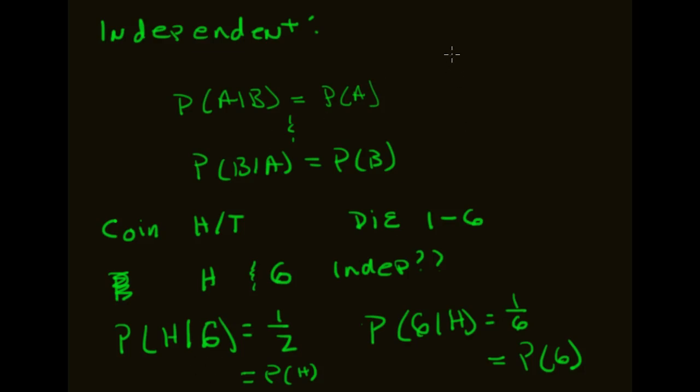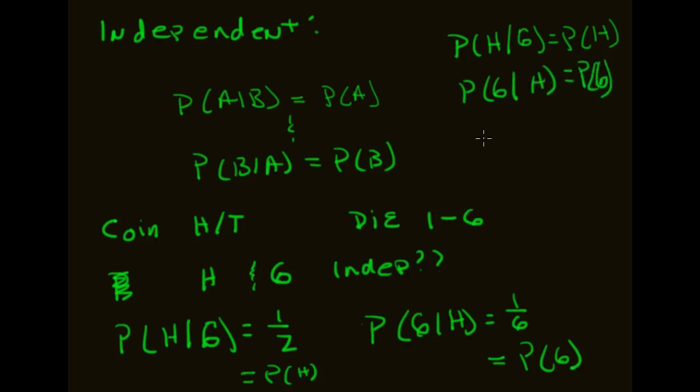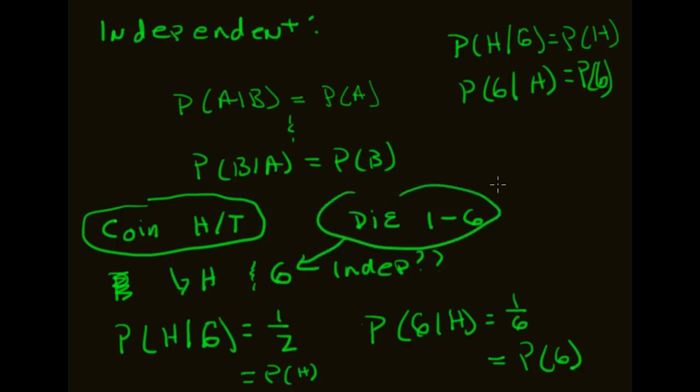So I can say that the probability of heads given a 6 is equal to the probability of heads, and the probability of 6 given heads is also the probability of 6, which means that these events, the coin toss landing on heads and the die roll landing on 6, are in fact independent. Okay, so this is going to matter when I start calculating intersections. Okay, so let's start looking at the probability of an intersection.